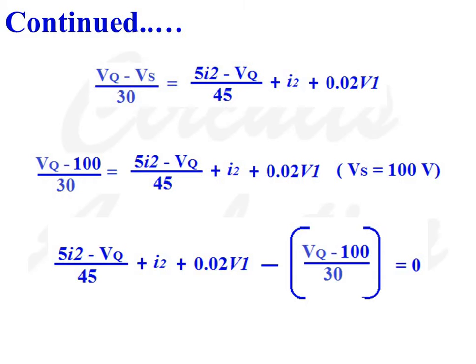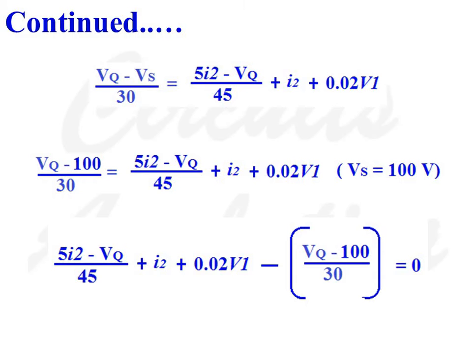And Vs is given as 100 volt. So therefore we can write Vq minus 100 the whole divided by 30 is equal to 5I2 minus Vq divided by 45 plus I2 plus 0.02 V1.